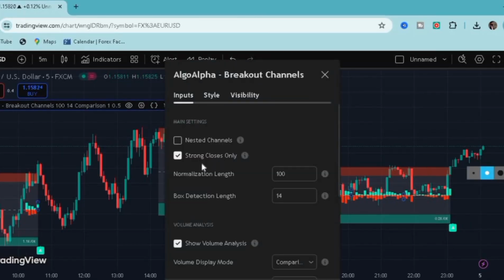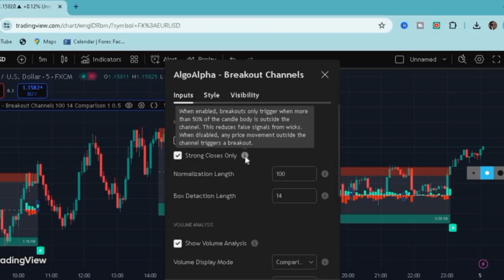Once you go to settings, ensure that strong closes only is activated. The reason being, guys, when it is enabled, breakouts only trigger when more than 50% of the candle body is outside the channel. This reduces false signals from wicks. When disabled, any price movement outside the channel triggers a breakout.